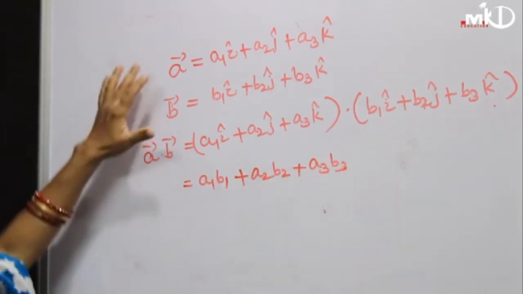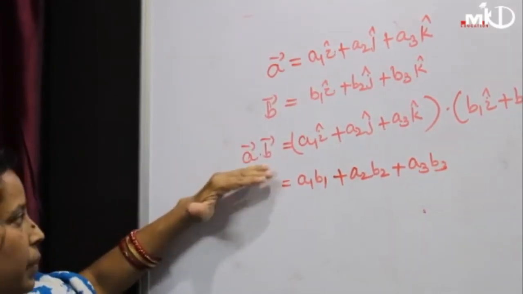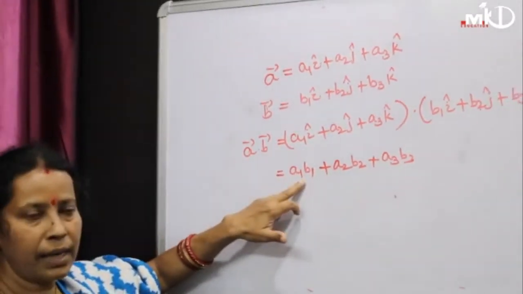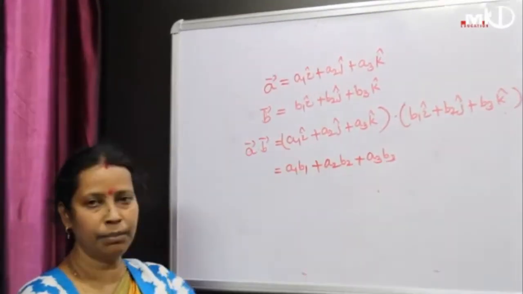So if the vectors are in components, the scalar product or dot product is defined as a1 b1 plus a2 b2 plus a3 b3.